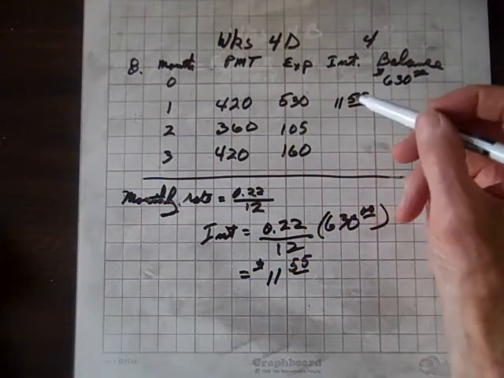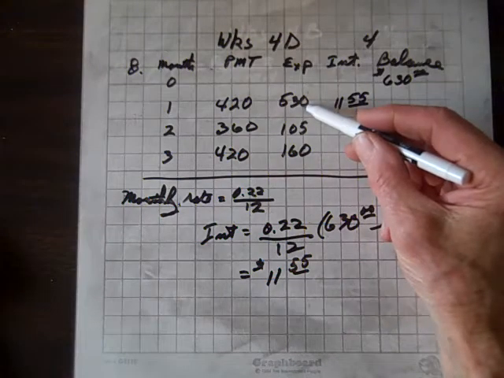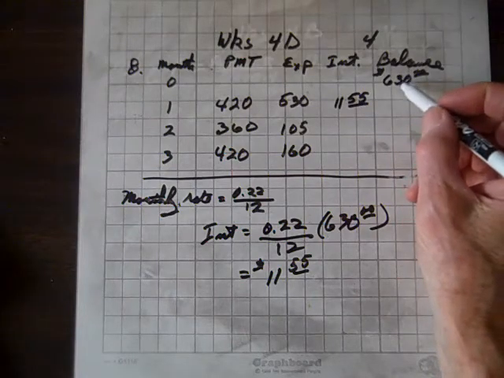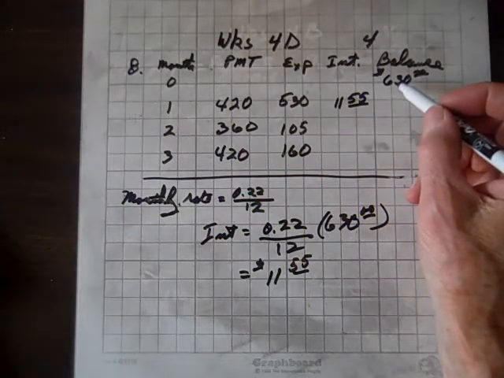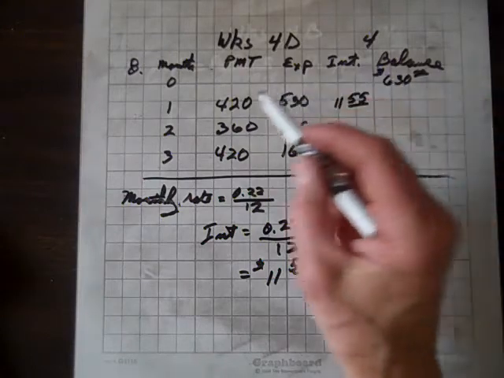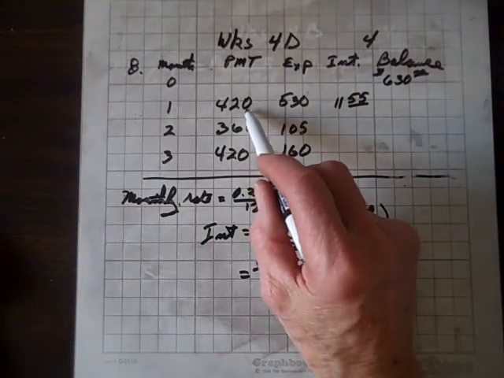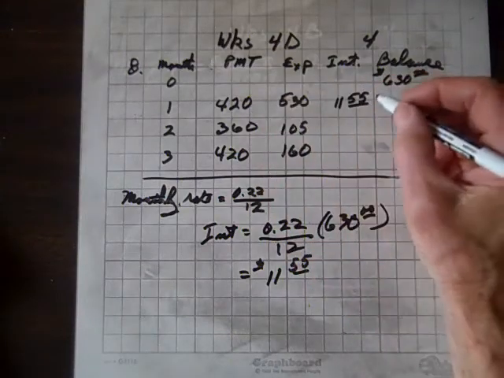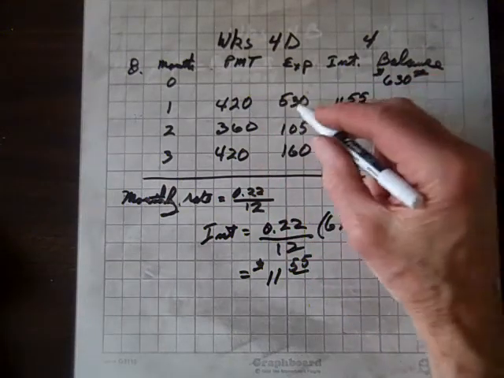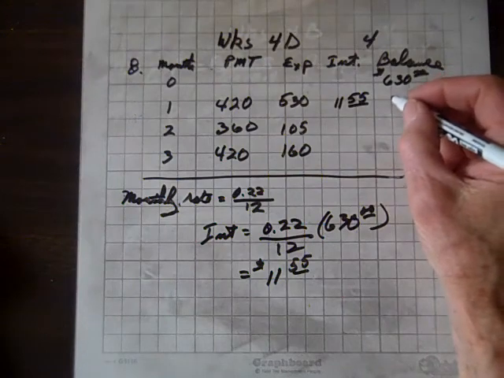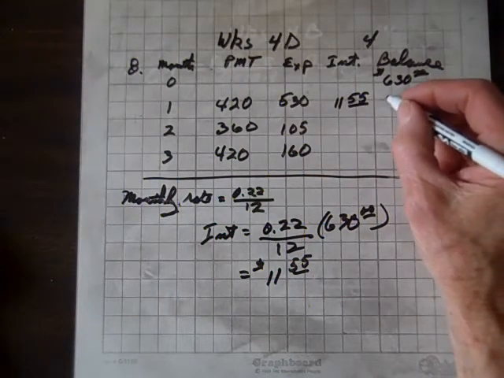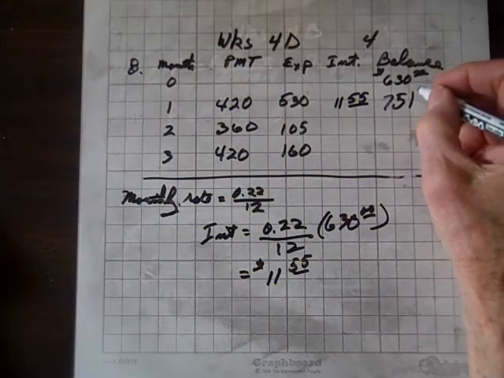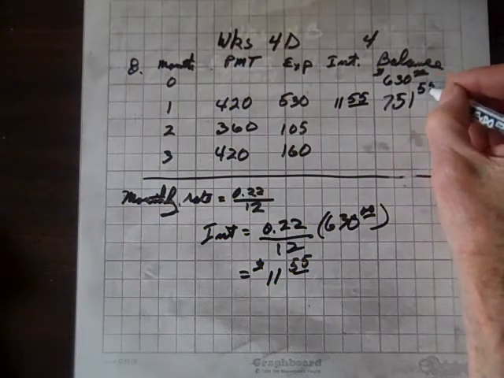Now what we'll do, we had expenses of $530 plus this interest plus the $630. We'll add those together, and we made a payment of $420. So when we subtract this from the balance, the interest and the expenses added together, what we get is $751.55.